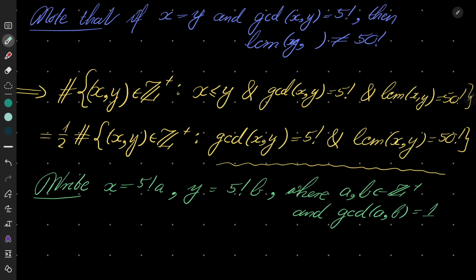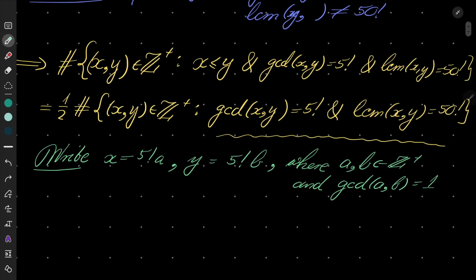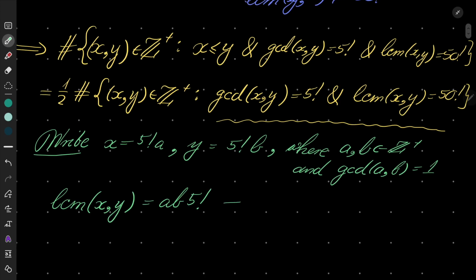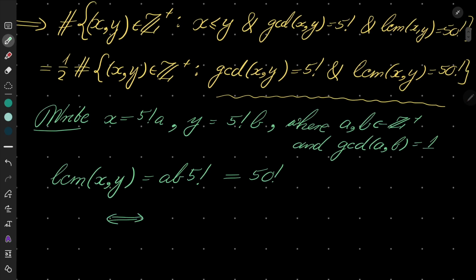Then the first condition is obviously satisfied, so we need only check the second condition. Now, LCM of x and y is just a times b times 5 factorial, and that should equal 50 factorial. So in other words, a times b equals 50 factorial over 5 factorial.